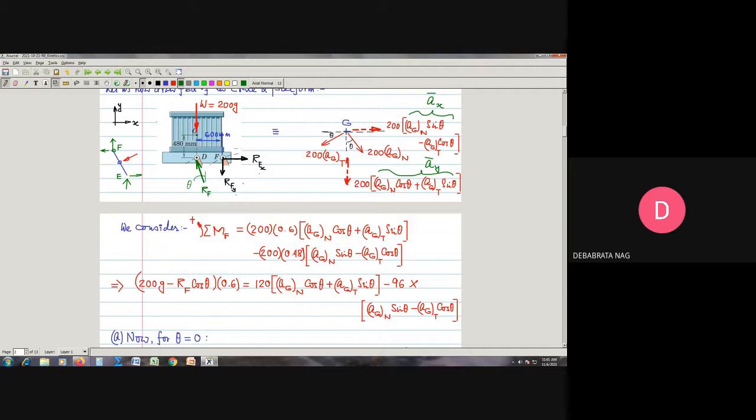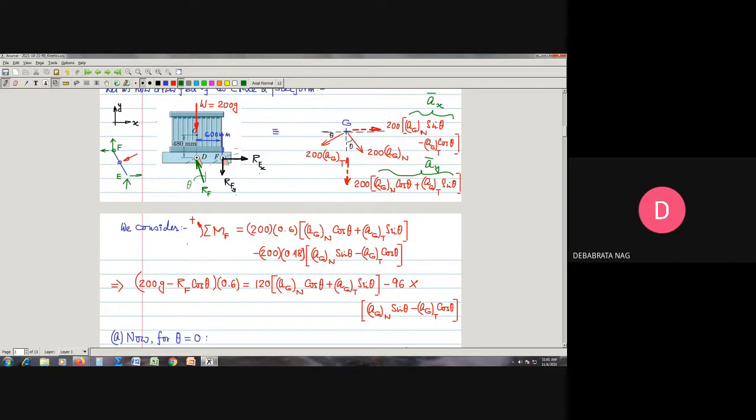Since I do not want them to bother me, I decide to take the moment of all these forces with respect to the point F. So the role of the point A that we referred to in our original theory portion is taken care of by the point F. We take the anti-clockwise moment as positive.